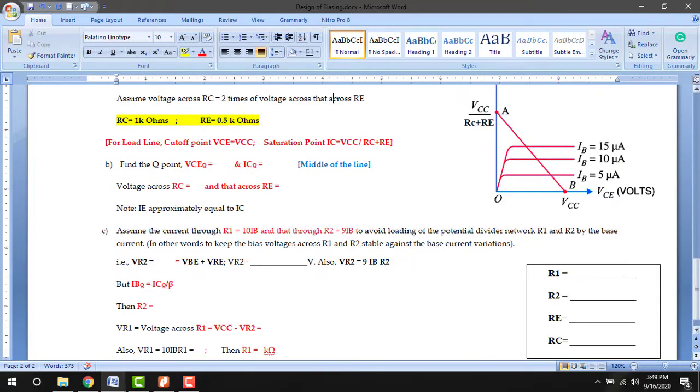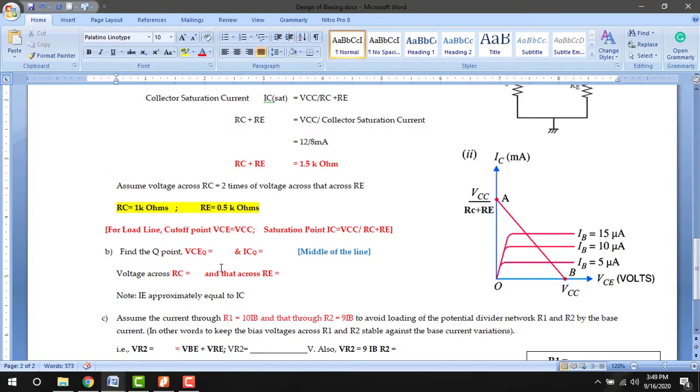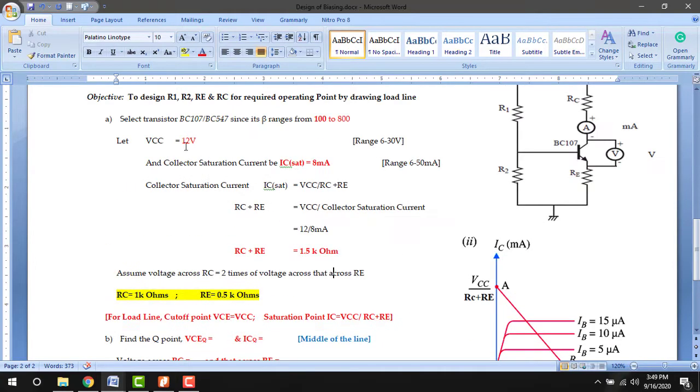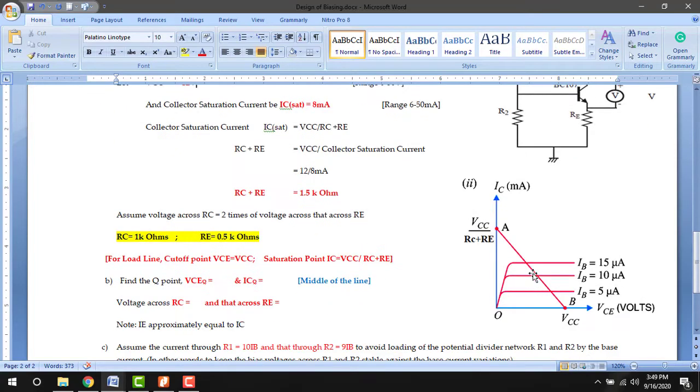Then, in a similar case, we are going to fix the operating point. Here the VCC is 12 volt and the IC saturation is 8 milliamps, and at the mid of the load line the IC will be 4 milliamps and the VCE is 6 volt. So our required output is VCE 6 volt and ICQ is equal to 4 milliamps.